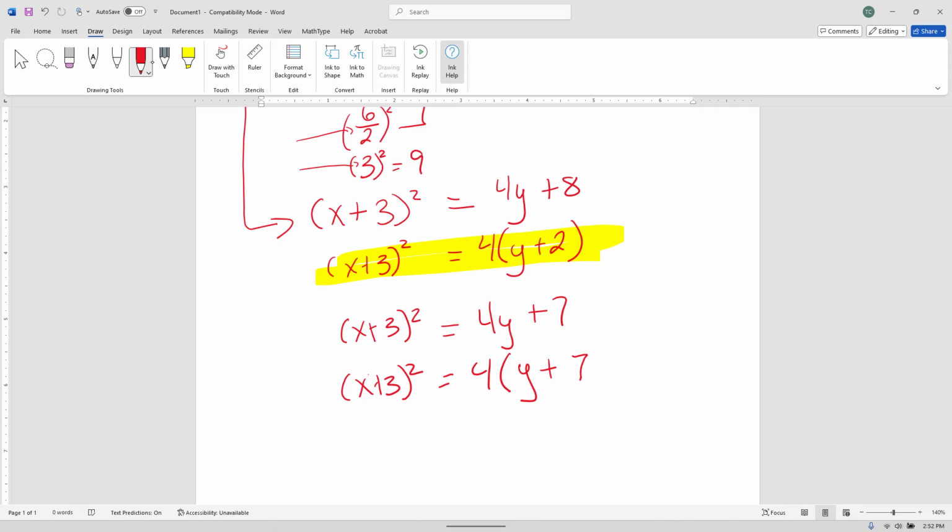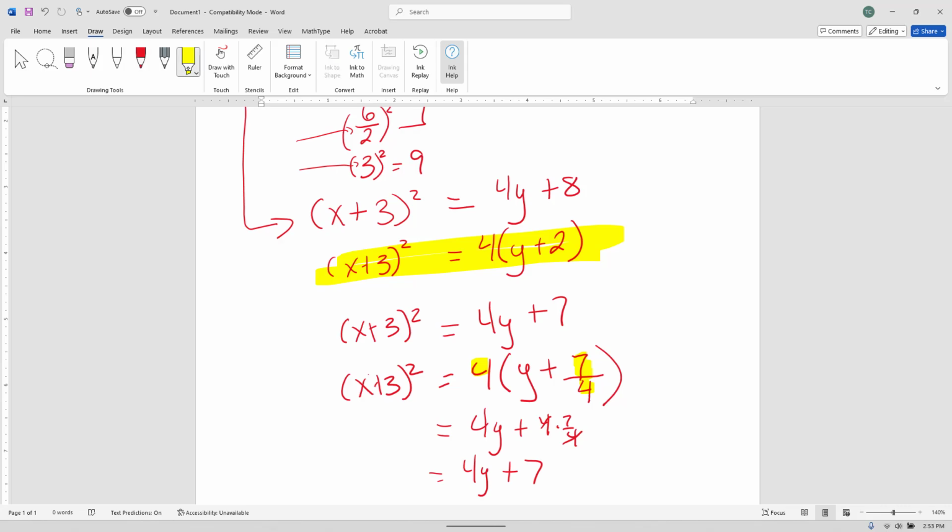Now I want the 4 to disappear, so it's 7/4, right? So now when I take this 4 and multiply it by 7/4, what do I get? I get 4 times 7/4, or 7. That's it. Same thing, right?